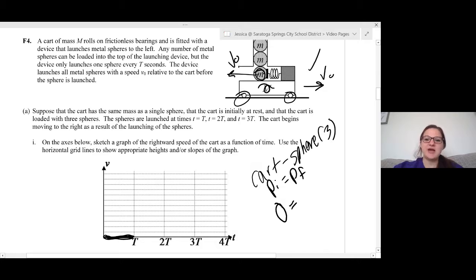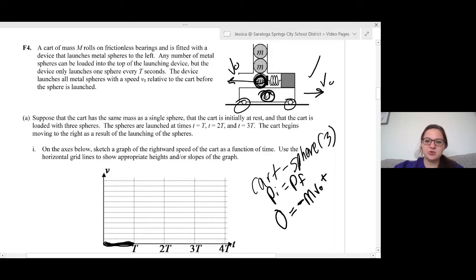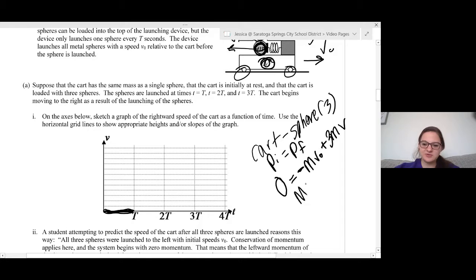Afterwards, okay, we have one ball moving to the left at v0. So that has a negative mv0. Then we have 1, 2, 3 mass. So 3m moving at some unknown speed to the right. Okay, so mv0 is 3mv.